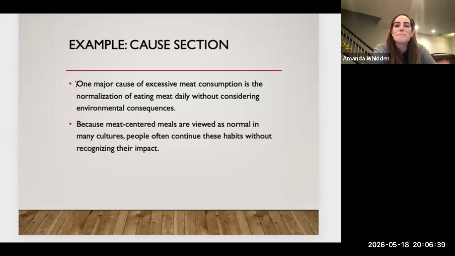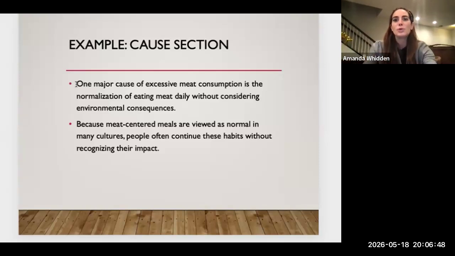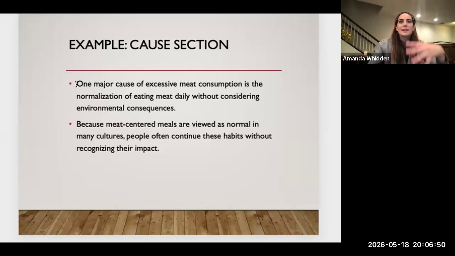But because meat-centered meals are viewed as normal in many cultures, especially within American society, where we build beef and meat into our food pyramid, and the importance that we start teaching kids about it in elementary school. So people often continue to participate in these habits without recognizing the actual impact that they are doing to the environment or anything else.